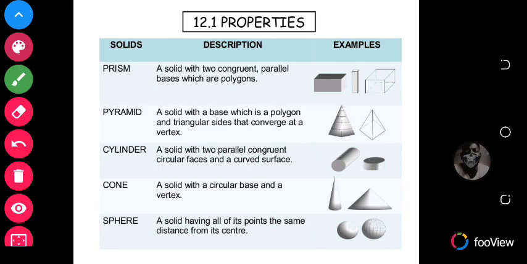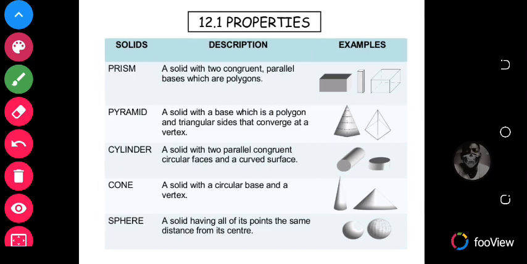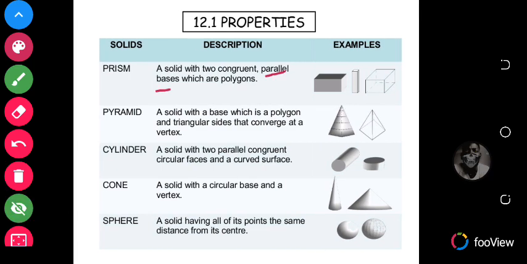So let's look at their properties. Prism. A prism is a solid with two congruent parallel bases, which are polygons. A polygon is any figure that has three sides and above. So we have a triangle as a polygon, a quadrilateral, a square as a polygon, a pentagon as a polygon.